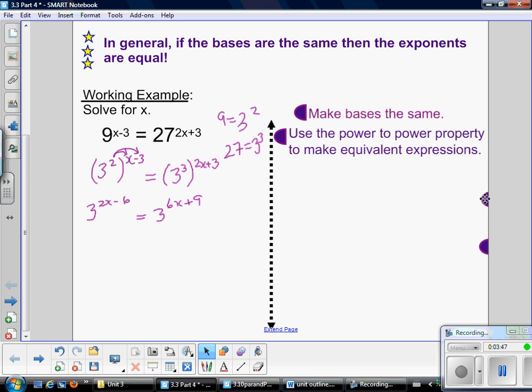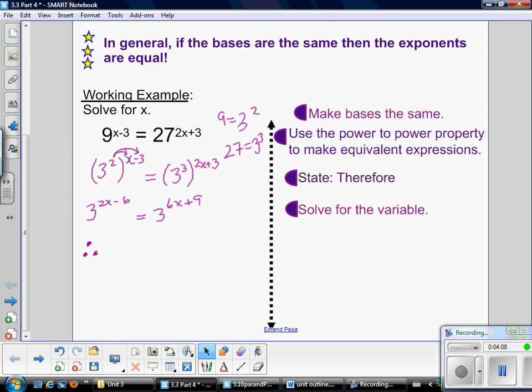Now let's take a look. State, therefore, and that's just our three little dots that we use. We know therefore those exponents must be equal.